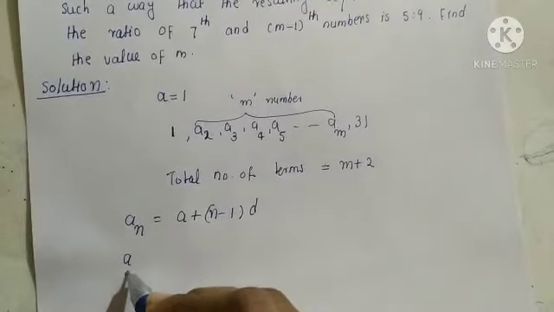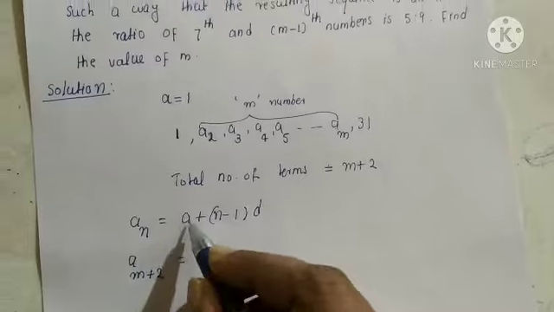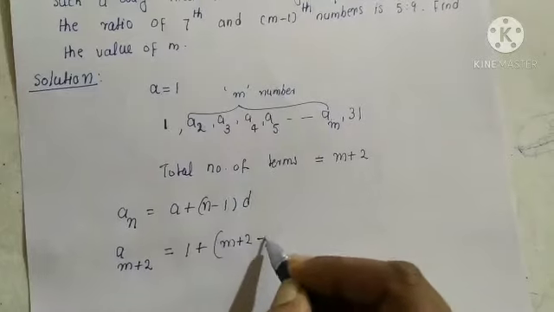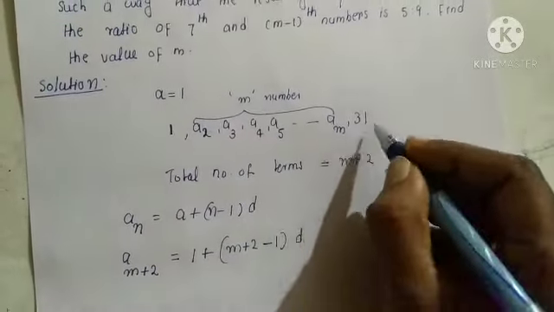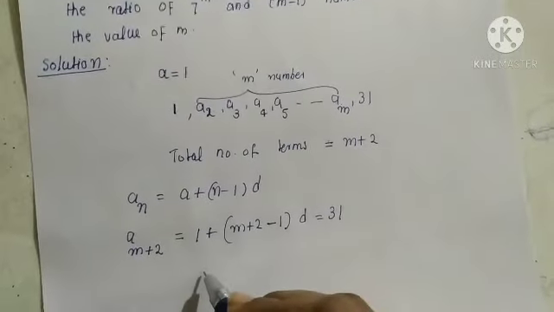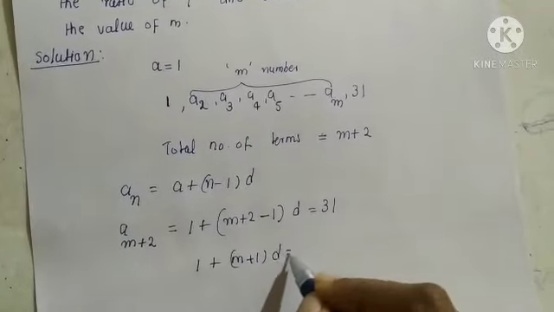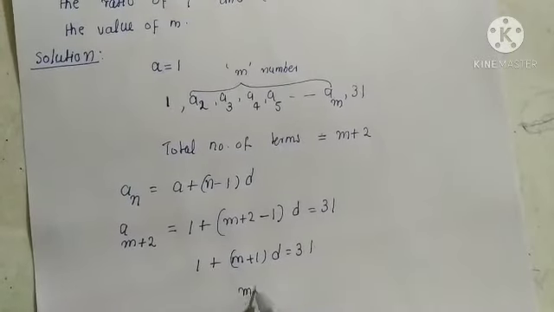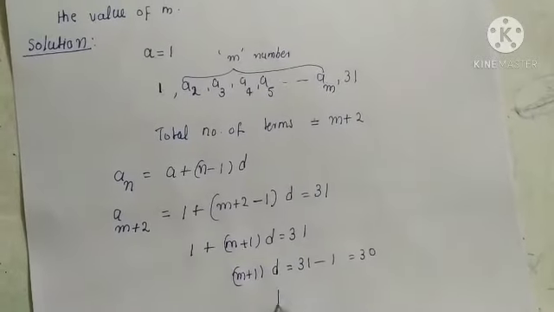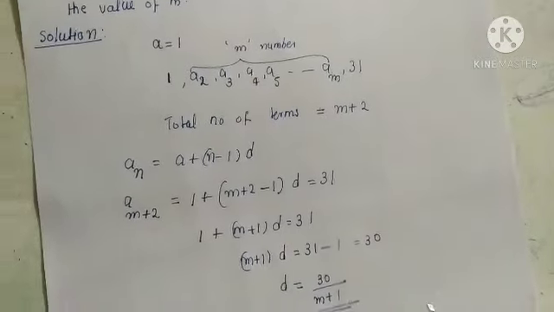So the (m plus 2)th term is 1 plus (m plus 2 minus 1) into d, and the value is given as 31. So we get 1 plus (m plus 1) into d is equal to 31. (m plus 1) into d is equal to 31 minus 1, that is 30, and from this we get d is equal to 30 by (m plus 1).